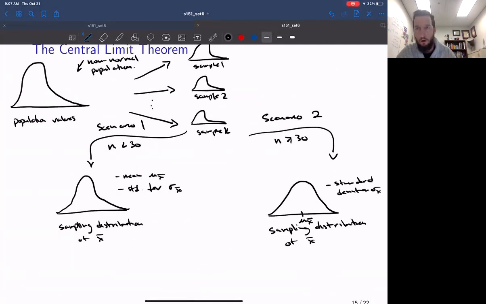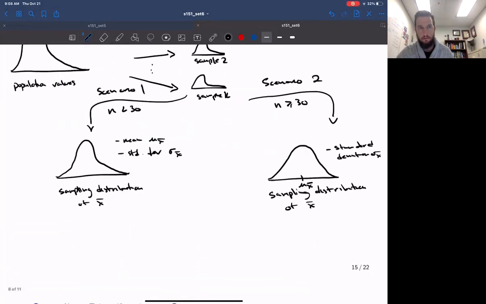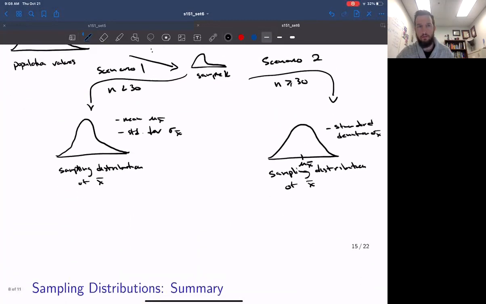Those formulas can always be used. But if we know that the sampling distribution is normal, then those parameters become the parameters of a normal distribution. But you can always use these formulas. They are true in any scenario. Does that answer your question?